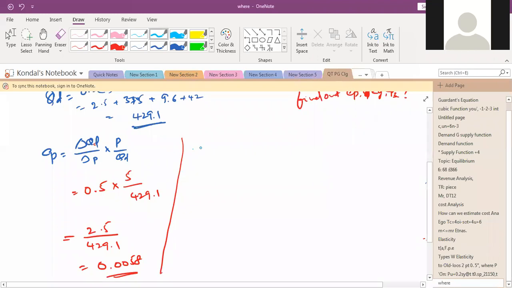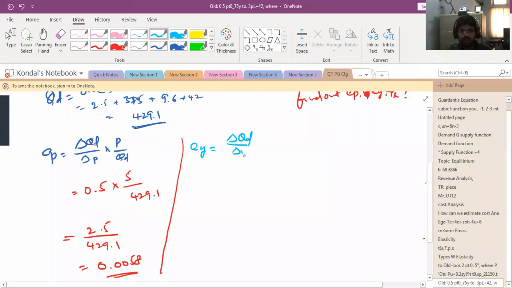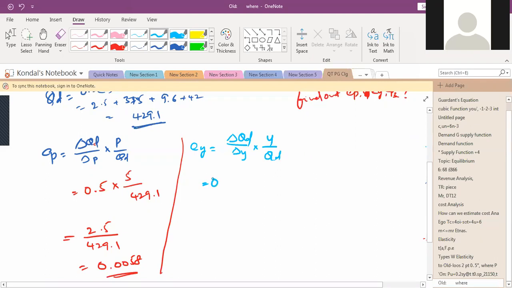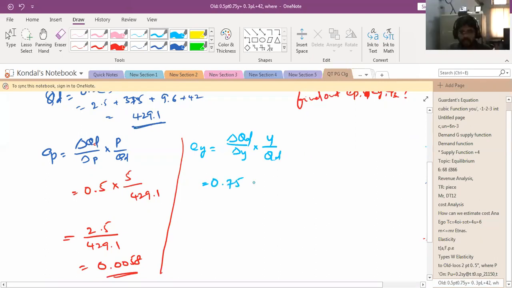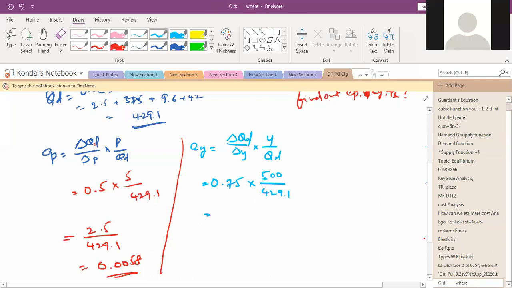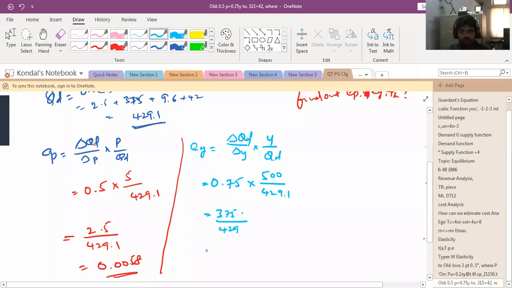Then the elasticity of income: delta QD by delta Y into Y by QD. What is the slope of income? 0.75. So 0.75 into 500 is 375, divided by 429.1.